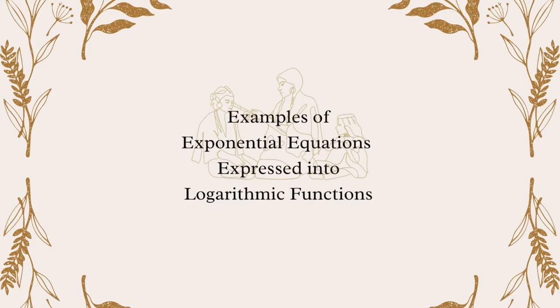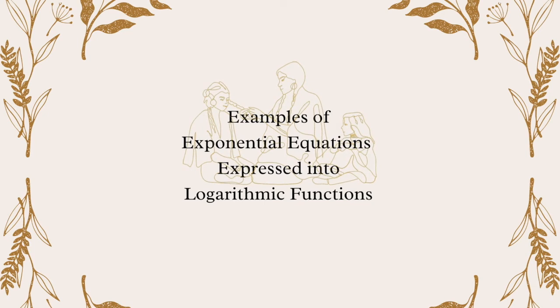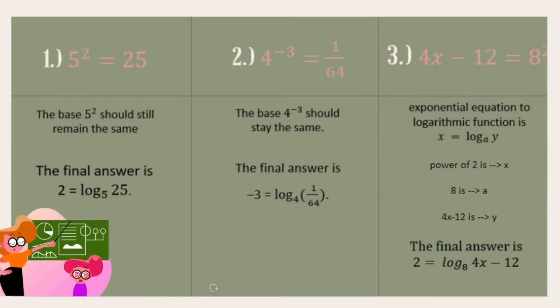Now here are some given exponential equations. Let us try to express these equations in logarithmic form. Number 1. 5 squared is equal to 25. The base 5 and the power 2 should still remain the same. So the final answer is 2 is equal to the logarithm to the base 5 of 25.